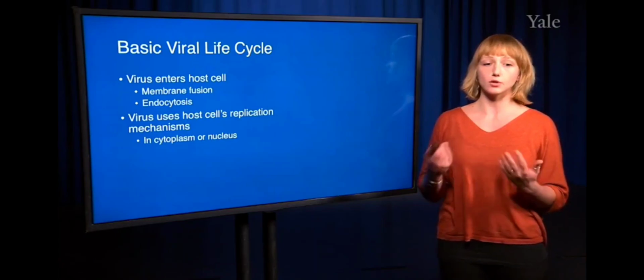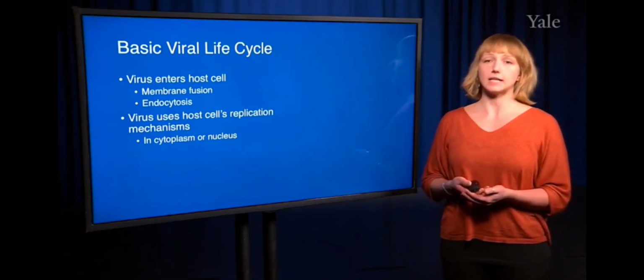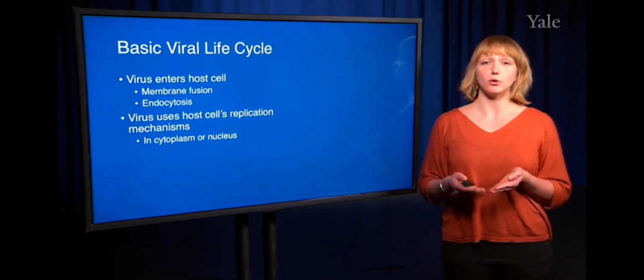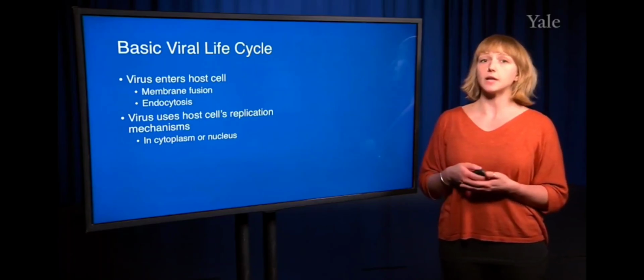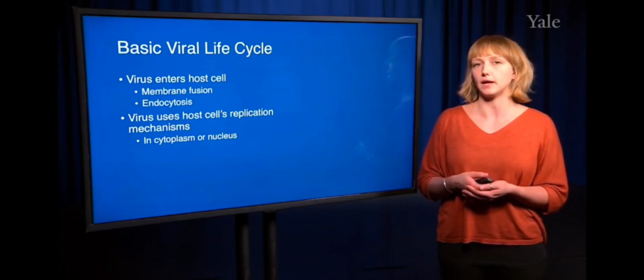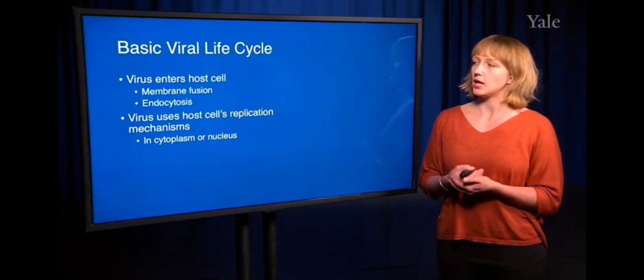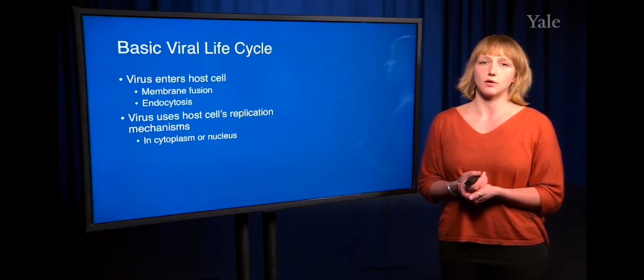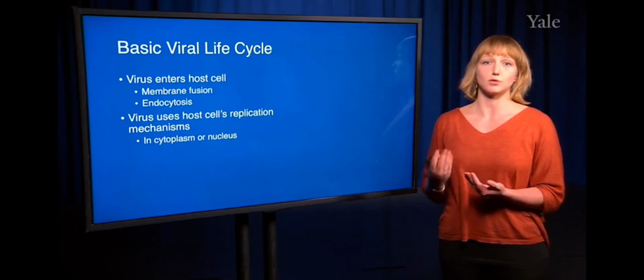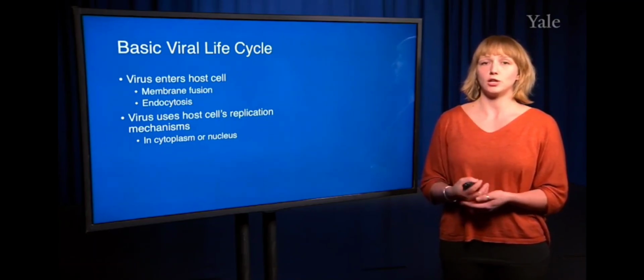This can happen either in the cytoplasm or in the nucleus, and some viruses even have components of replication that happen in both. The virus will also use the host cell's transcription and translation machinery to generate more copies of itself.